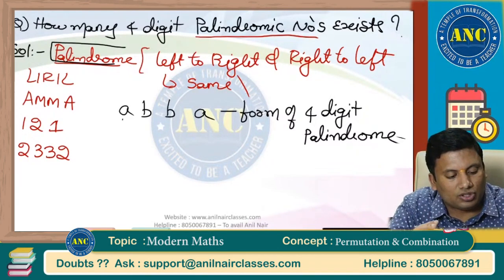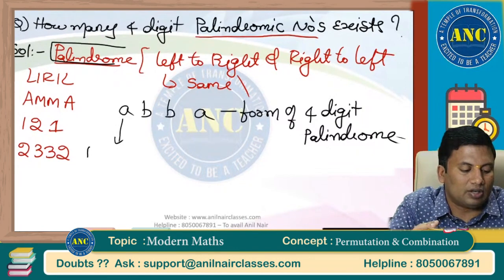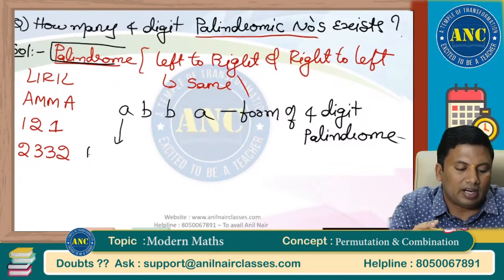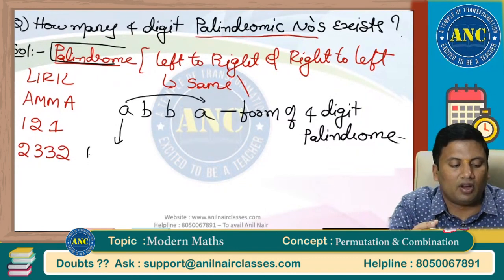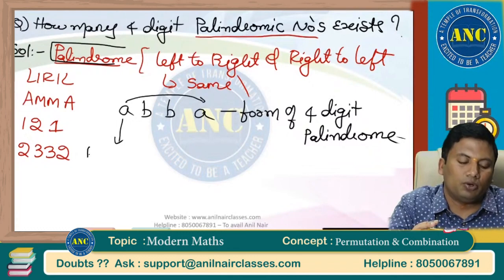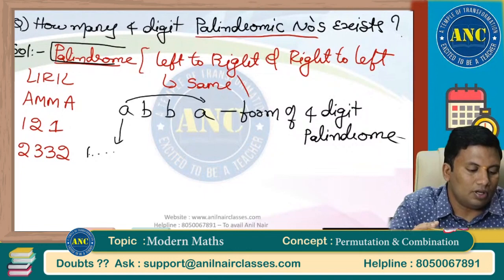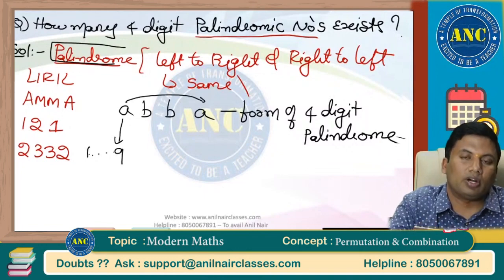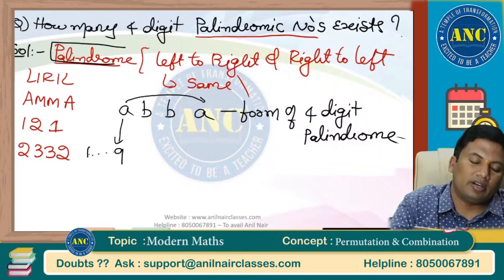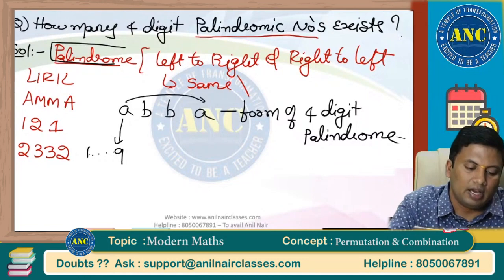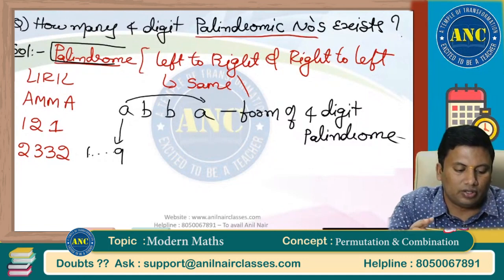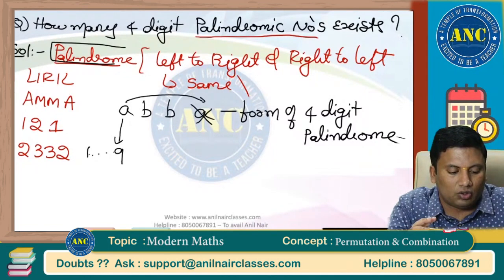Now leftmost cannot take 0. So if I keep 1 here, automatically this A will also be fixed. If I keep 2 here, automatically this will also be fixed. These are nothing but 1 to 9. Leftmost, if I am fixing A, automatically rightmost is also fixed. So you don't need to count it.